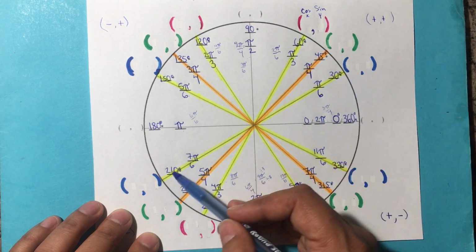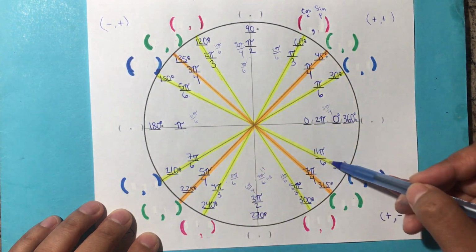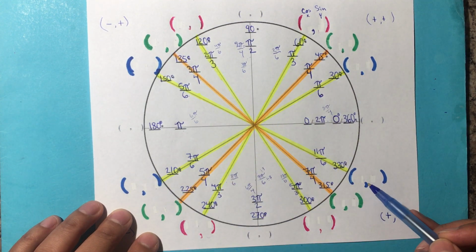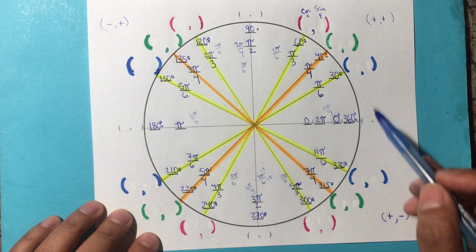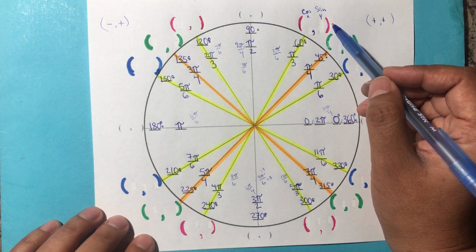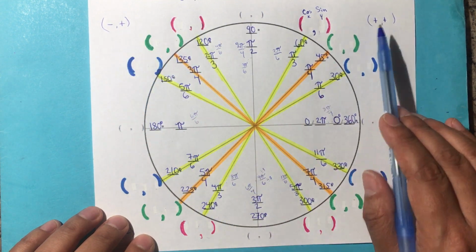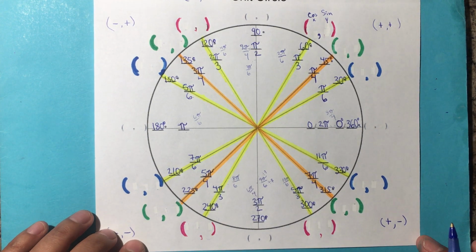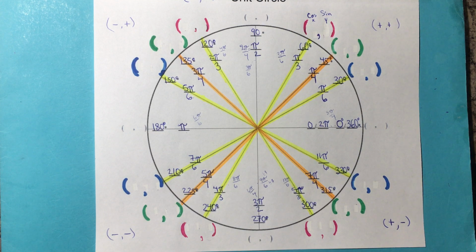And for the blue, same thing. Those in blue are going to have exactly the same values in cosine and sine. However, you just change the signs according to their coordinate on the coordinate plane. Okay, so let's start filling those in.